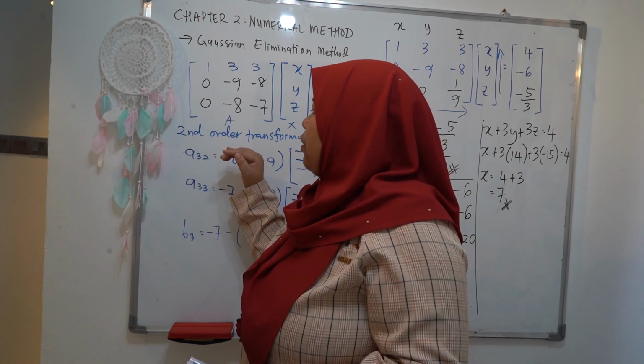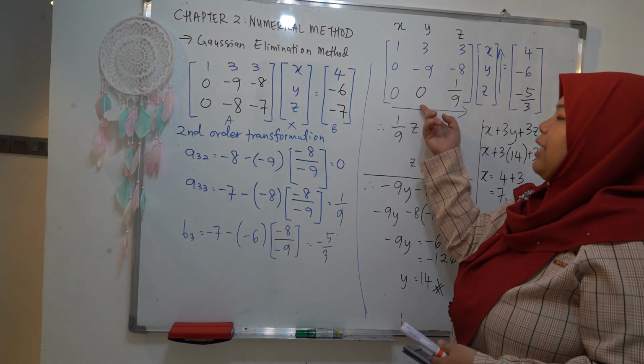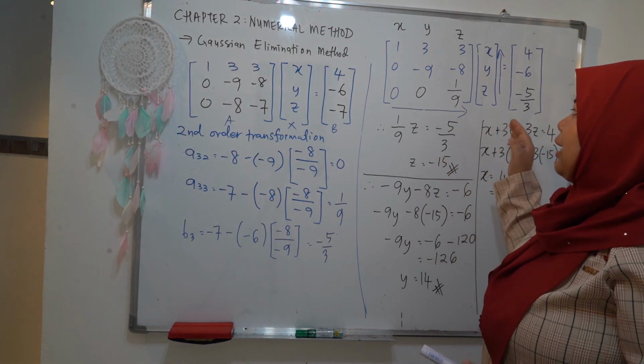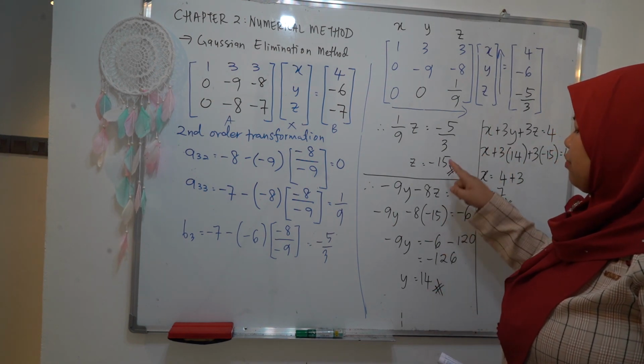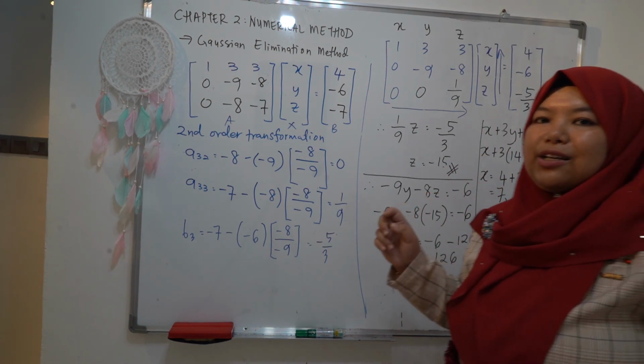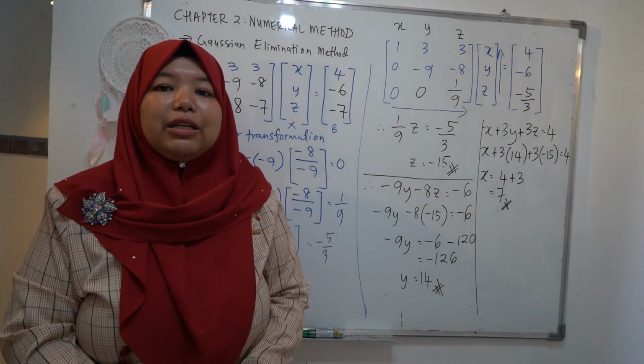After we apply the second order transformation, we do again matrix A, X equals B, and after that you can directly find the values of z, y and x. So this is the Gaussian elimination method.